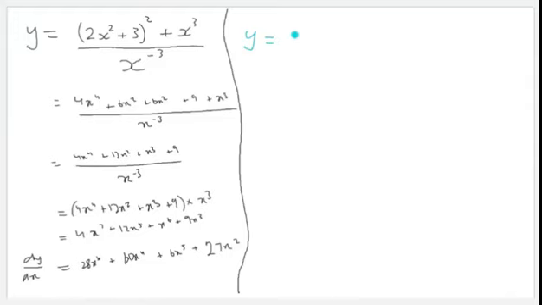What if we had this? This is, to be honest, just more to do with whether you can manipulate the expressions. So this one looks annoying.